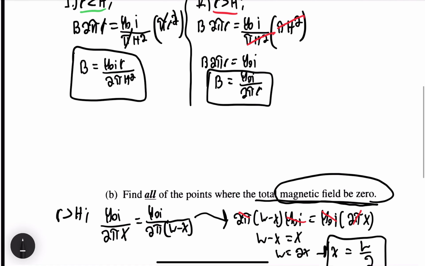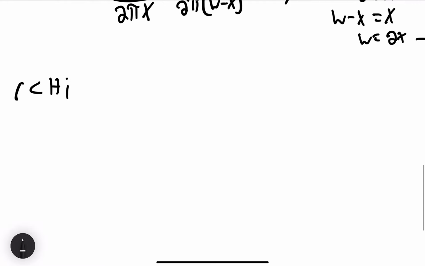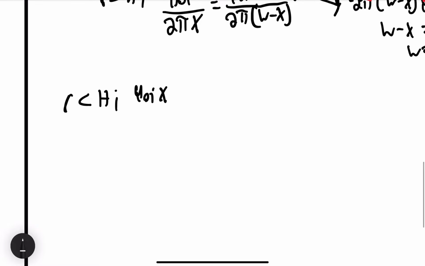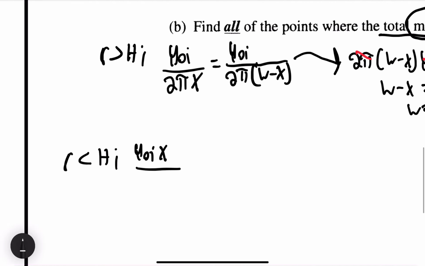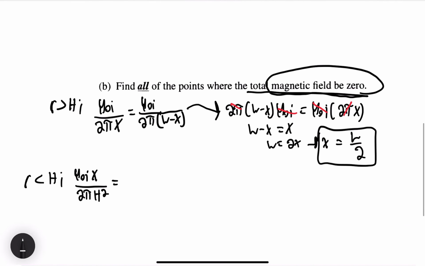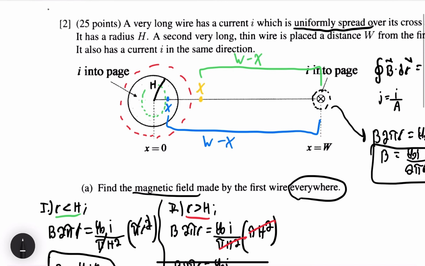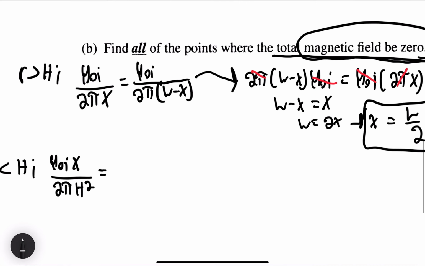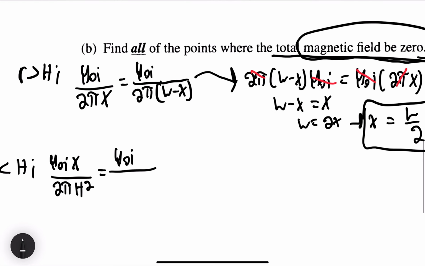So for r less than h, we have mu naught I r, in this case r is x, divided by 2 pi h squared, and this has to equal the magnetic field created by this wire, right? And again, the reason we're setting them equal to each other is because we want the total magnetic field to equal 0. So we're trying to find at what point the field from the circle will cancel out with the field created by the other wire. And that one stays the same, so it's mu naught I over 2 pi w minus x.